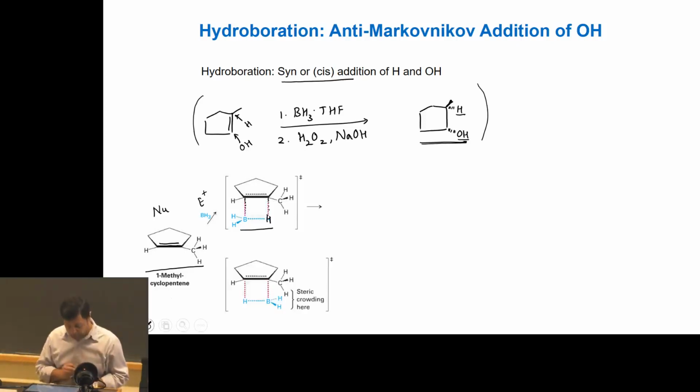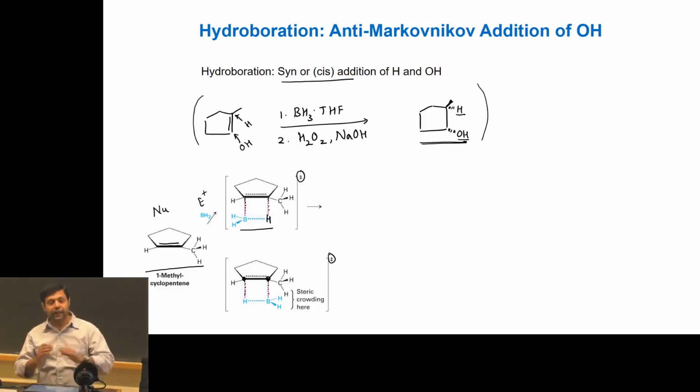The other way it can approach from the bottom is when BH2 is close to the more substituted carbon of the double bond and the hydrogen to the less substituted carbon. So these are the two possible transition states you can form. In both of these transition states, the BH3 is coming from the bottom. All that is changing is how it is coming: BH2 towards the less substituted carbon in the top transition state, BH2 towards the more substituted carbon in the bottom transition state.